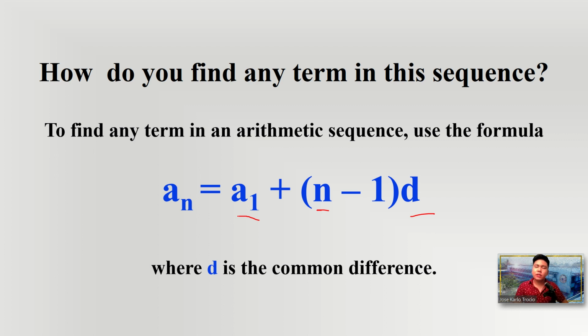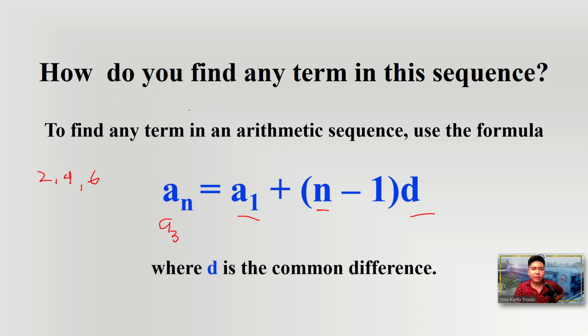Okay. Example, 2, 4, 6. You are looking for 6. 6 is the third term, so that must be a sub 3, right? Again, 2, 4, 6. Let me write it in. 2, 4, 6. That is the sequence.